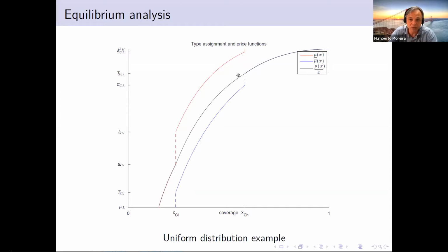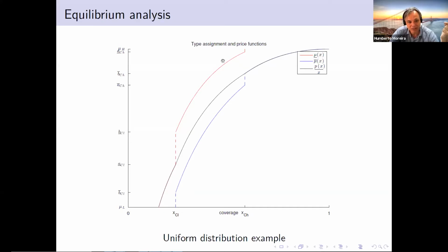But in the middle, you're going to have this phenomenon here. For a given level in the middle, you're going to have exactly two types. One is the low risk averse type, as I said before, which is going to be higher for the same level of coverage, and the other is the high risk averse type. So these guys are pooling, and the average of these two types is going to give you the average price.